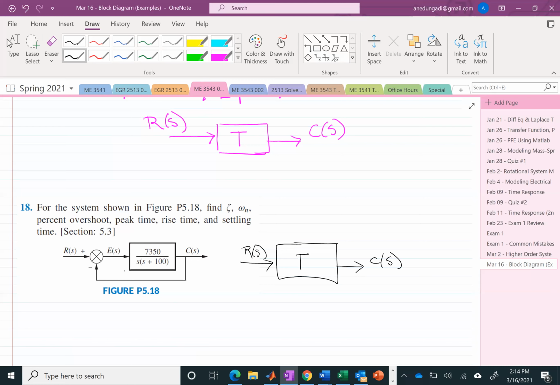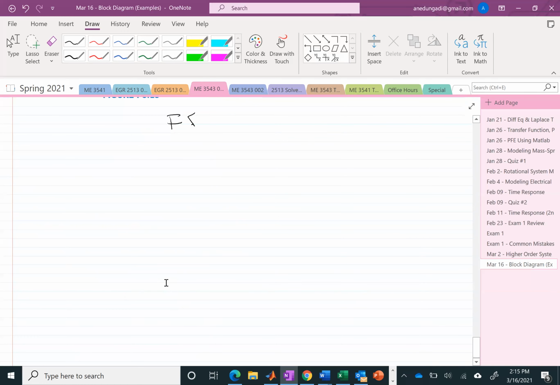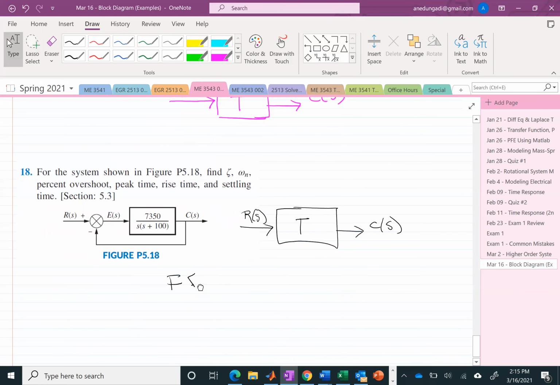It's in feedback form, correct. Professor, is it e to the s is cascade with inside the block?